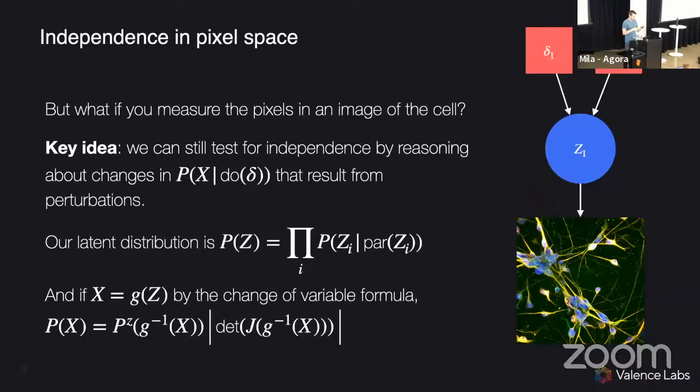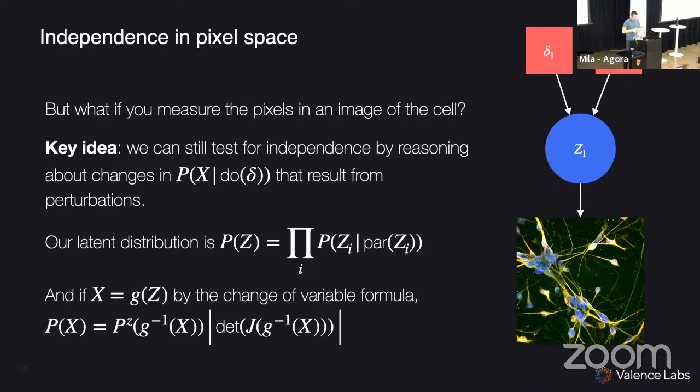The change of variable formula tells us that we can express this density over x as the density over the latents times the absolute value of the determinant of the Jacobian, which is a mouthful, but fortunately, we're going to get to cancel that term out, so you can largely ignore it for our purposes.